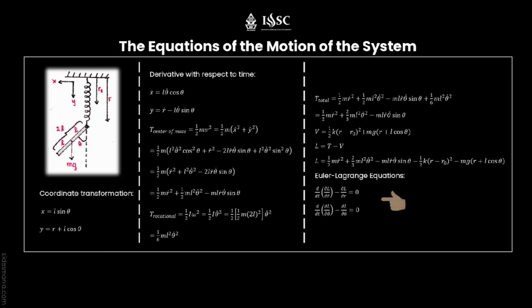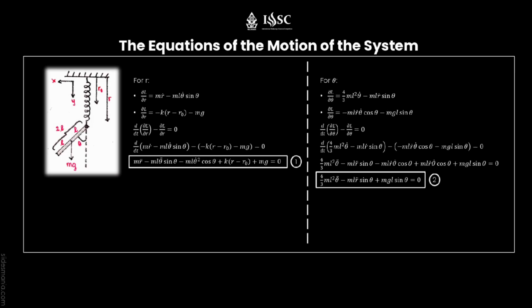For the Euler-Lagrange equations, there are 2 points that can be seen on the screen. So, the equations of motion of the system for r are m r double dot minus ml theta double dot sin theta minus ml theta dot squared cos theta plus k times (r minus r0) plus mg equals 0.